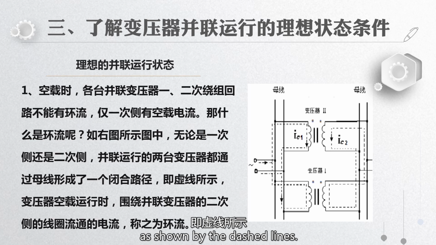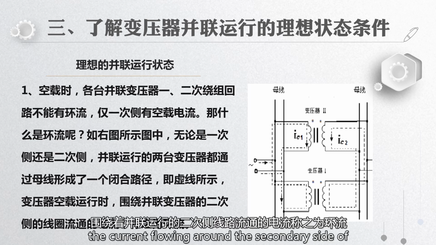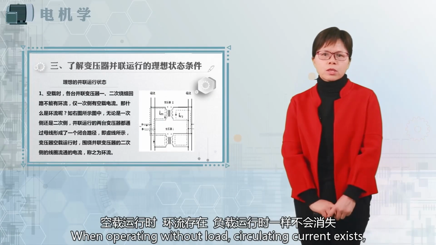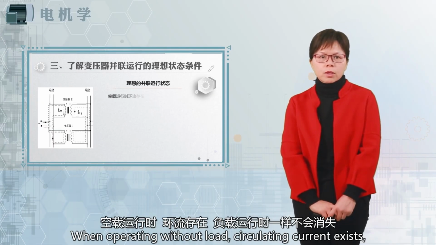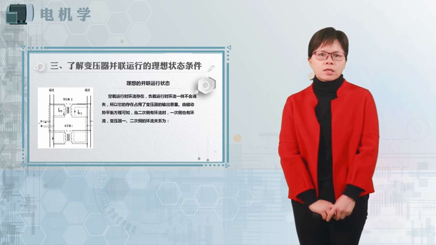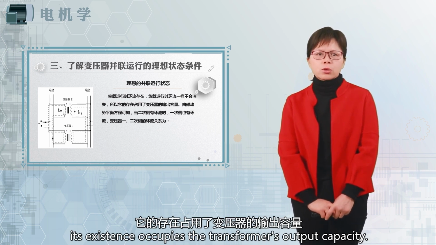As shown by the dashed lines, when the transformer operates without load, the current flowing around the secondary side of the parallel operation is called circulating current. When operating without load, circulating current exists, and it will not disappear when the transformer is loaded. Therefore, its existence occupies the transformer's output capacity.